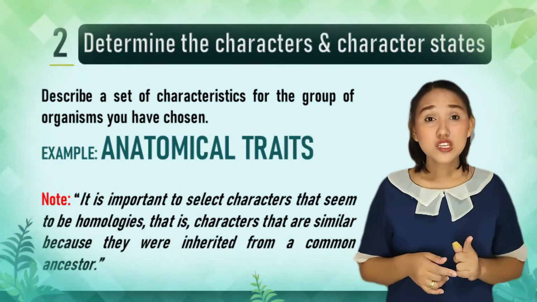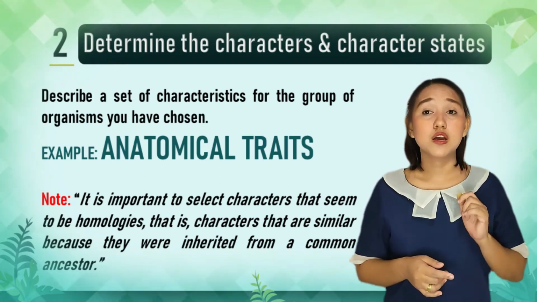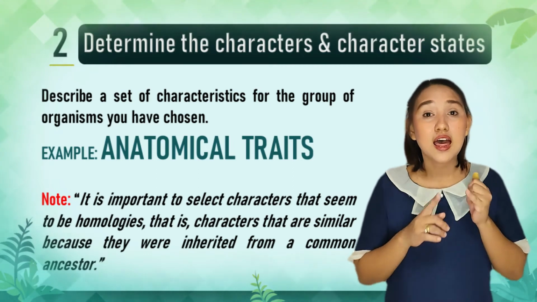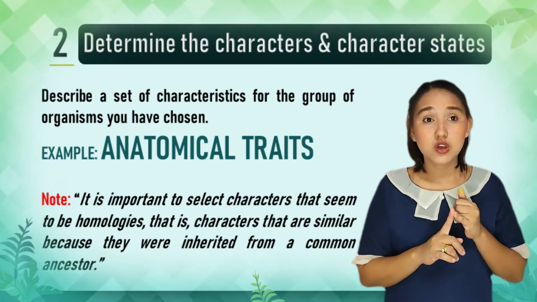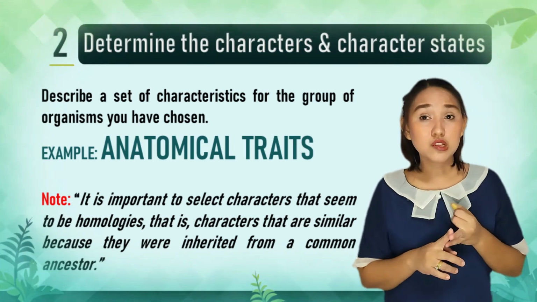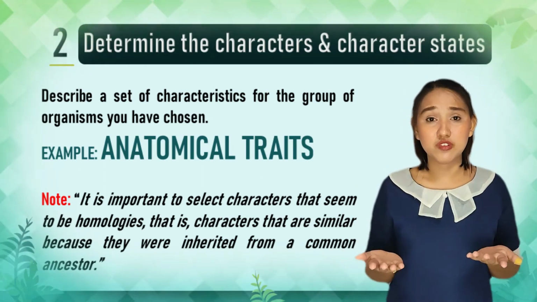Again, for the insects, you would describe the character states, such as whether the insect has 6 antennal segments or 5 antennal segments, has an upper wing or does not have an upper wing.